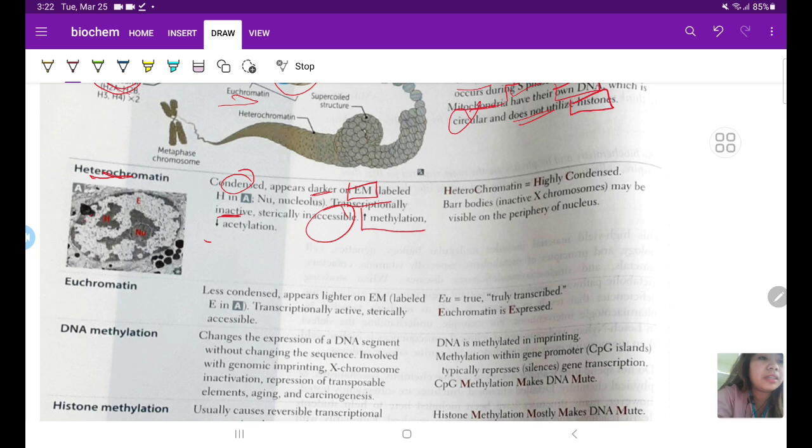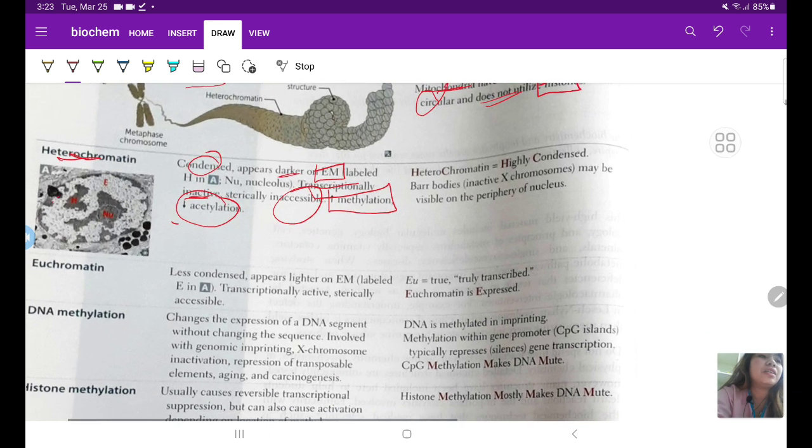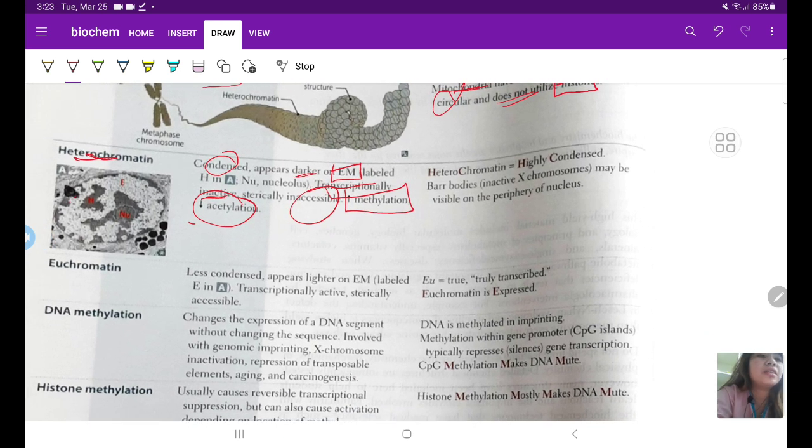It has increased methylation and decreased acetylation. There's a mnemonic here to better remember what heterochromatin is. Heterochromatin, HC, is highly condensed. And the Barr bodies, what are the Barr bodies? These are the inactive X chromosome, may be visible on periphery of nucleus.